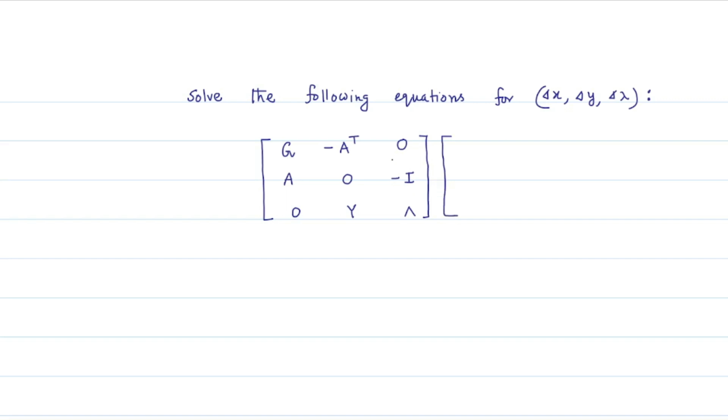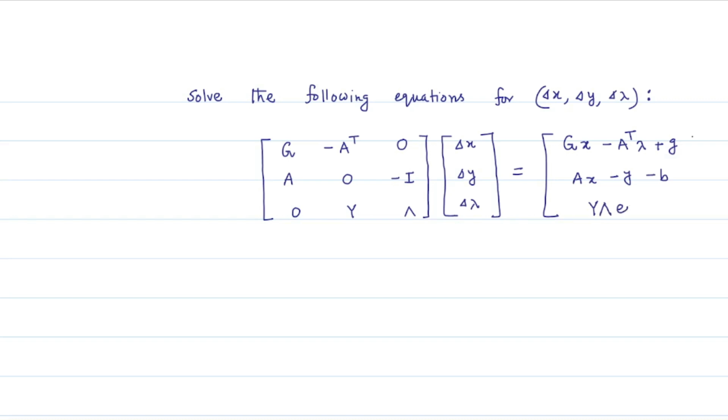This matrix is your Jacobian matrix of the function F tau times delta x, delta y, delta lambda, equal to the negative of the function, that is, this vector, a negative of it.